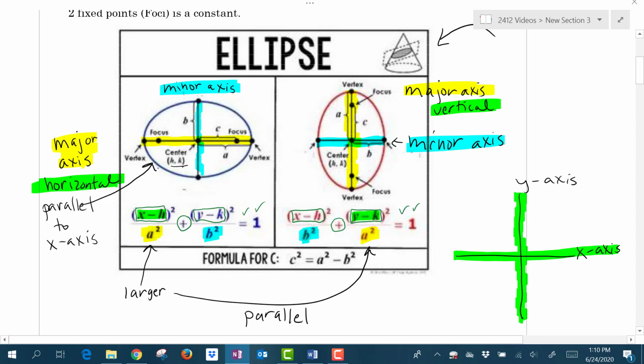So the major axis will be parallel to the x-axis, and therefore the larger number will be part of the x fraction. In this case, if the major axis is vertical, we would say that the major axis is parallel, or opens in the same direction, has the same slope as the y-axis. Therefore, the larger denominator will be part of the y fraction.